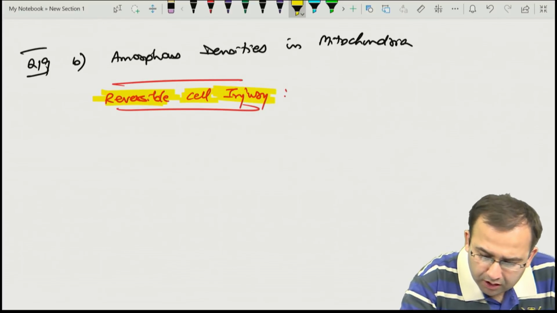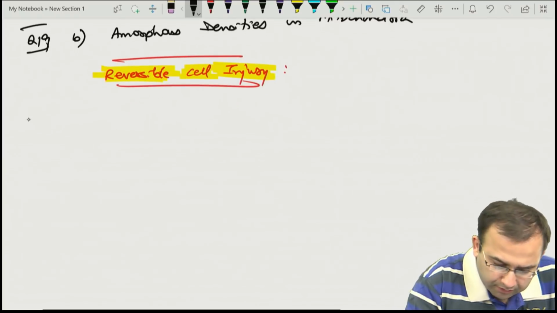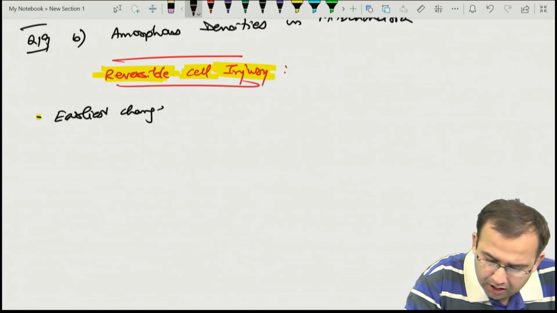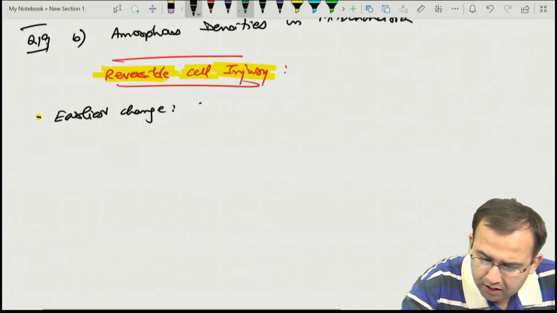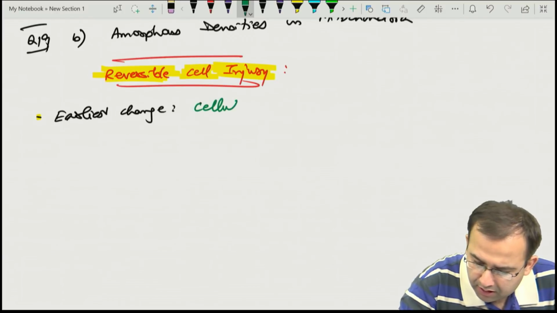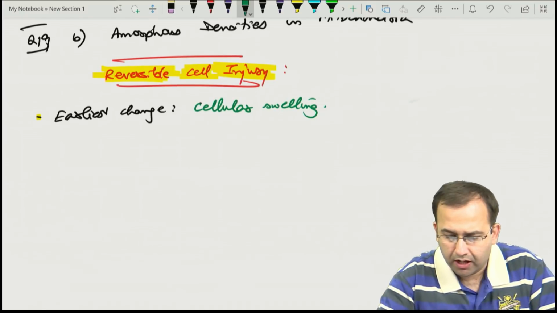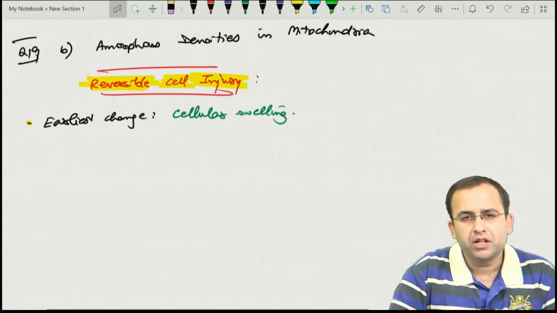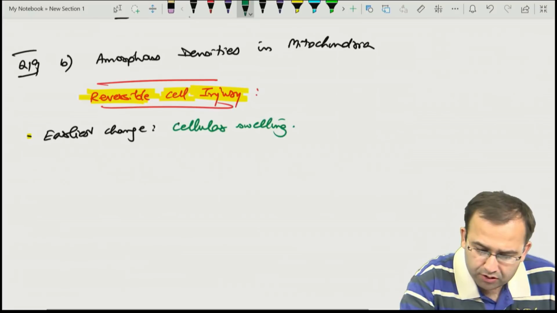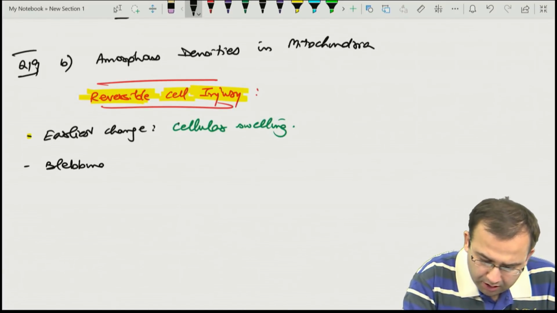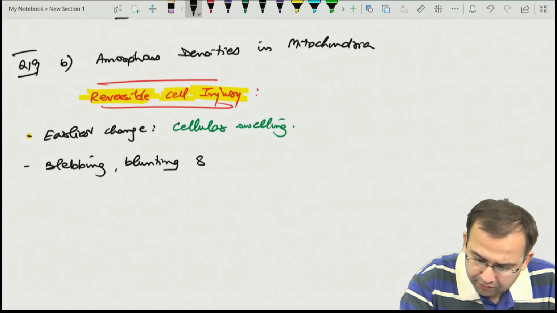First point, the earliest change in reversible cell injury is cellular swelling, which is associated with blebbing, blunting, and loss of microvilli.